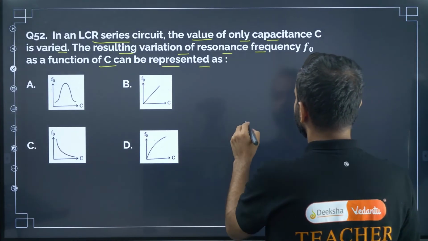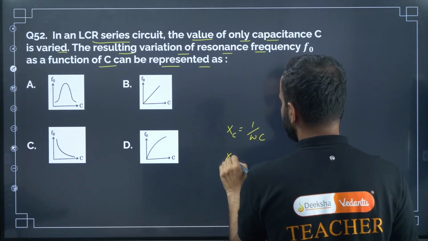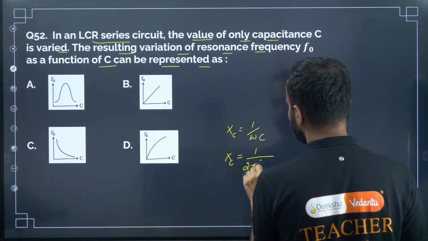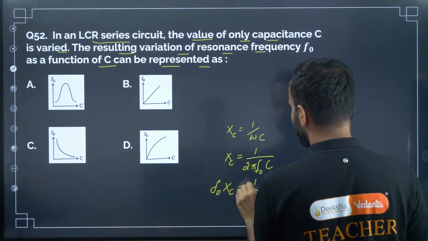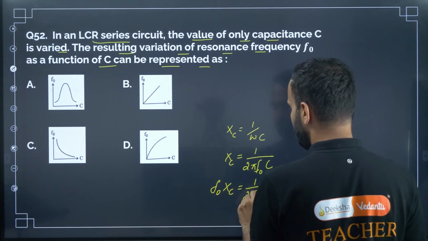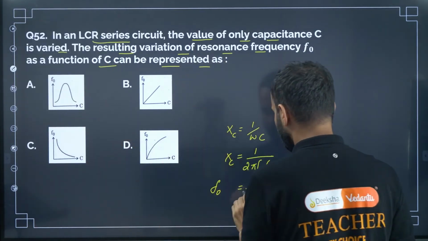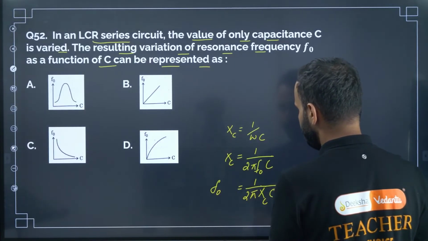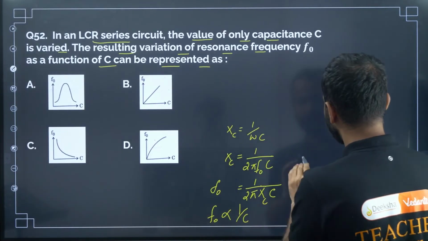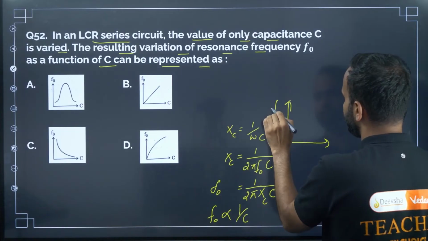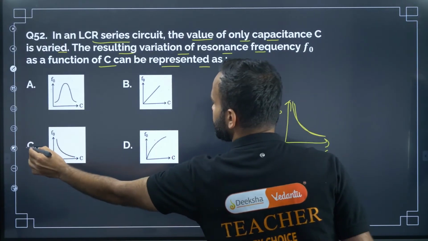XC equal to 1 divided by omega C, so XC is equal to 1 divided by 2 pi F0 into C. So F0 into XC equal to 1 divided by 2 pi, or F0 equal to 1 divided by XC into C. From this I can conclude that F0 is inversely proportional to C, so the graph of F0 versus C will be inverse like this. So the correct option is C.